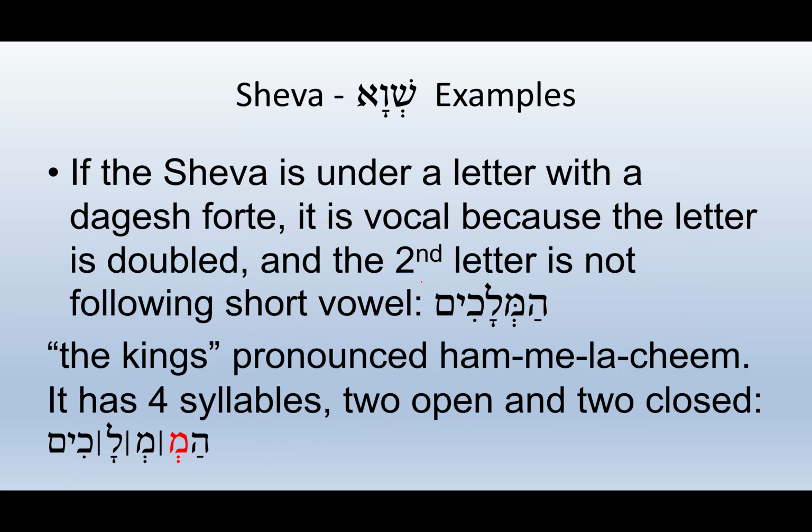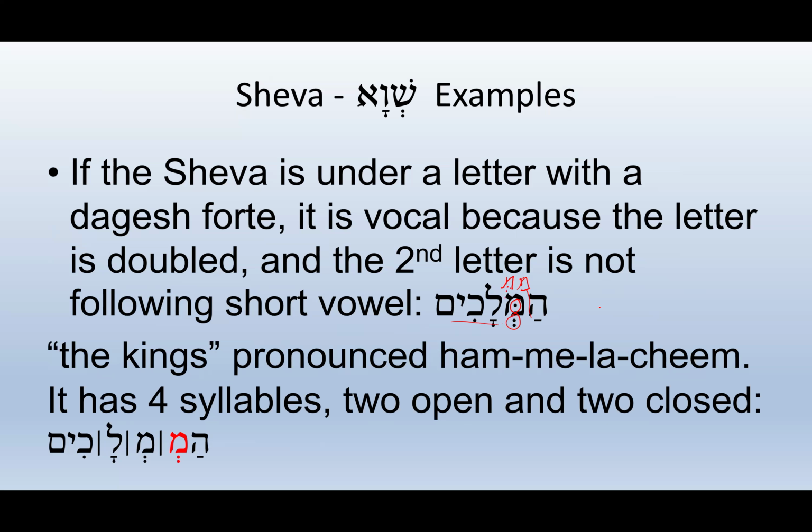If the shva is under a letter with a Dagesh Forte, it is vocal because the letter is doubled. So we have ham. This has to be a Forte because this is not a big adjective. So there's two mems here, ham melachim, except that this has to be vocal under that second one.